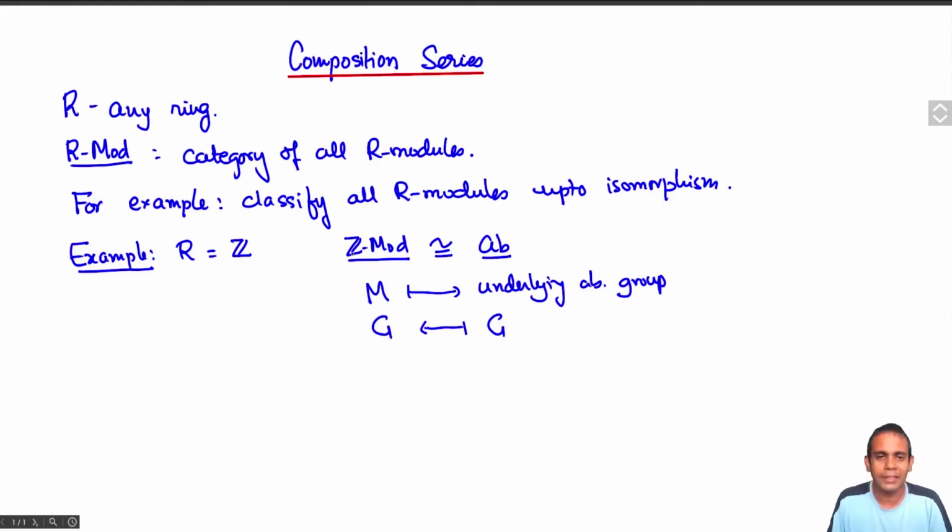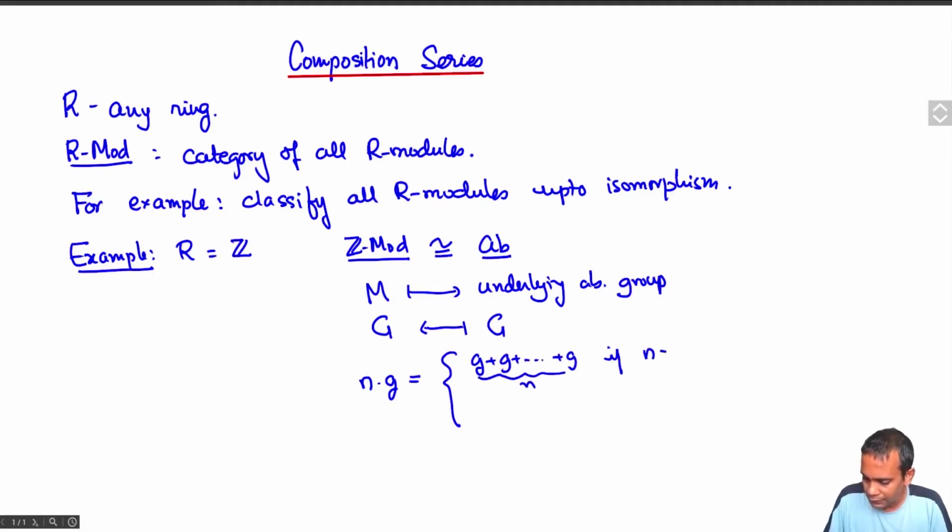You need to say, given an integer n and an element g of G, what is n·g? And you say that n·g is g plus g plus and so on, taken n times, if n is greater than or equal to 0. In particular, if n is equal to 0, then n·g is 0, the identity element of the abelian group.